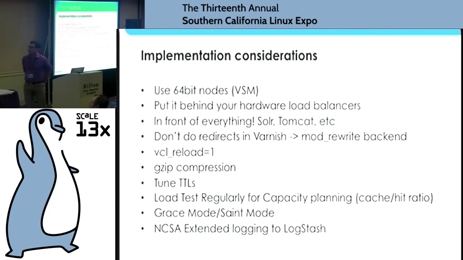We say to put it behind your hardware load balancers. So you may have an F5 doing load balancing for you where you've got pools, NetScalers, whatever it might be, and they may be expensive, right? They may be super expensive and very optimized.